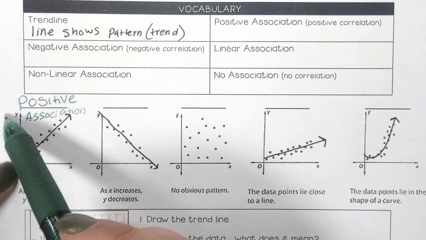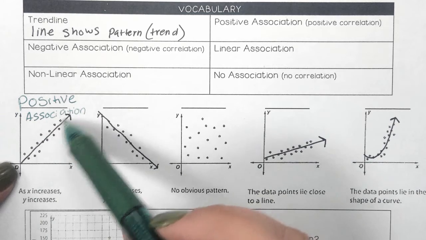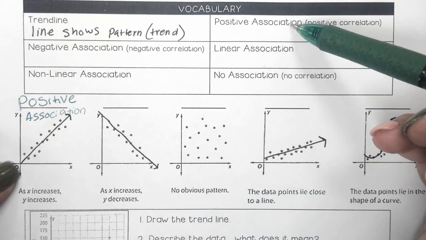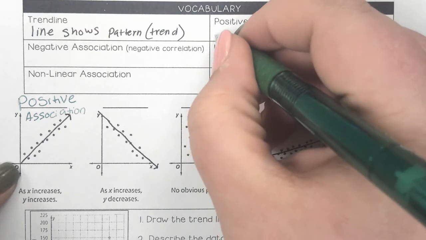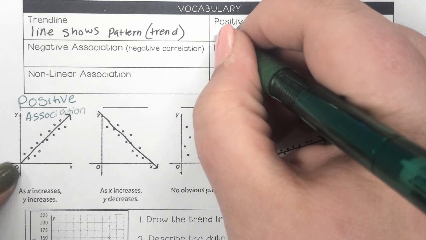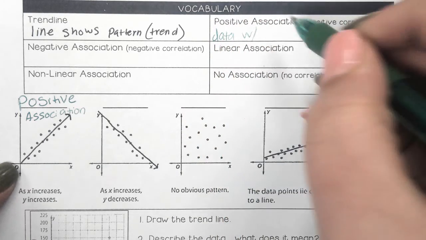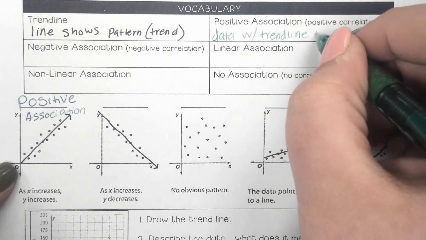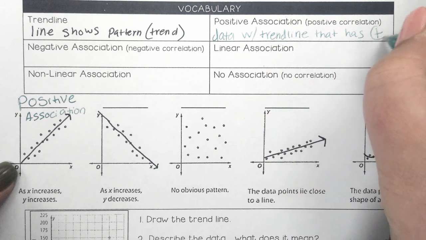We define a graph's association based on the line of best fit or the trend line. Okay? So positive association then can be defined as data with a trend line that has a positive slope.